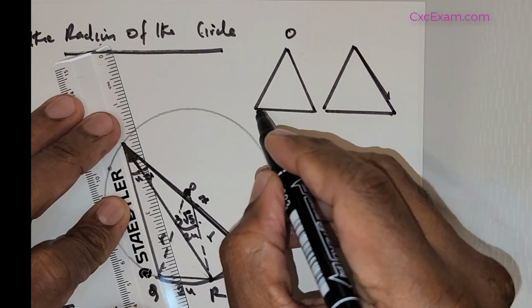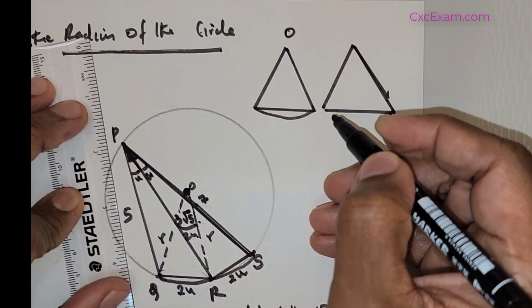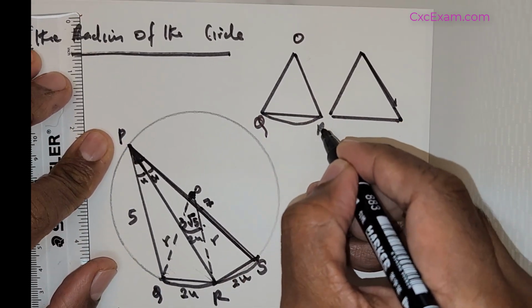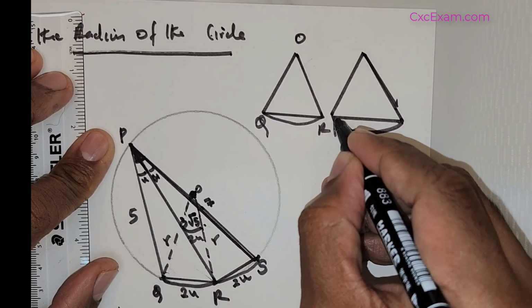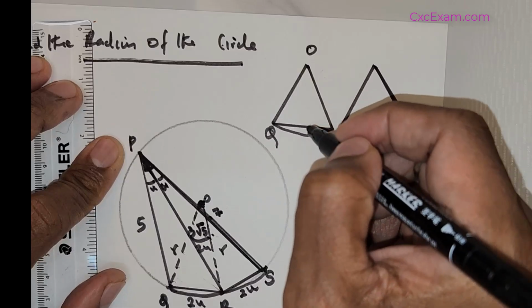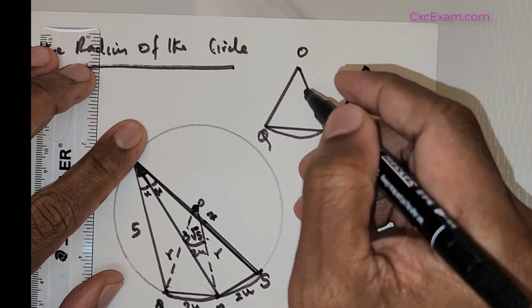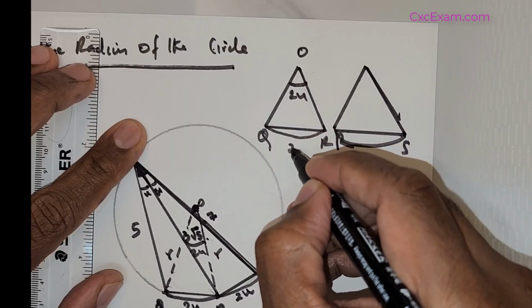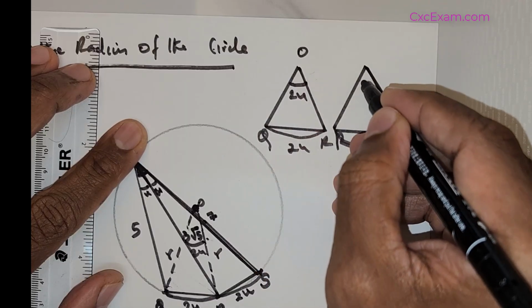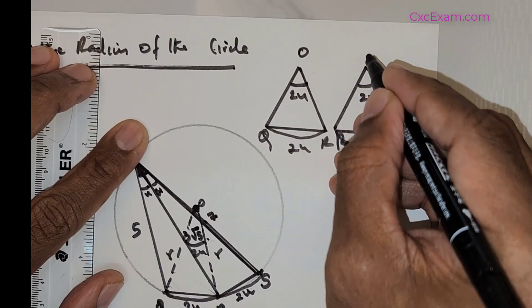So this is O, this is the arc QR, this is the arc RS. So this is creating a central angle of 2 times u, and this will also create a central angle of 2 times u.